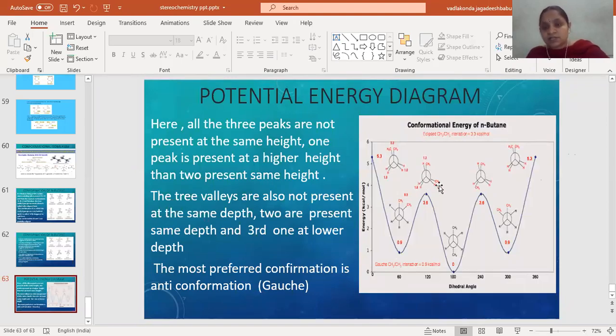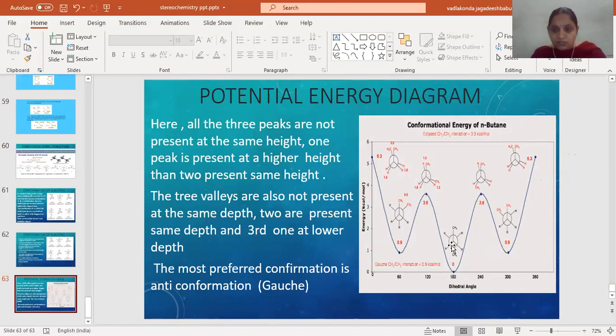This is also eclipsed, but it has lower energy than the initial eclipsed form because here the methyl groups are farther away from each other compared to the first isomer. And when we rotate again by one more 60 degrees, we will get the staggered form. This has the lowest energy, 0 energy, and high stability.